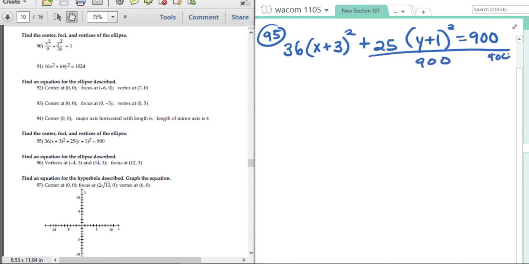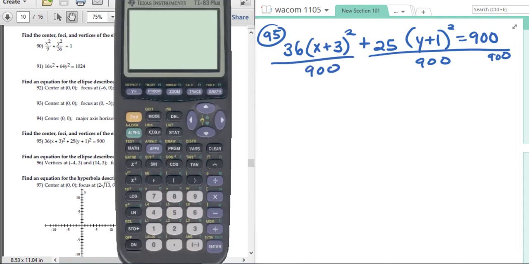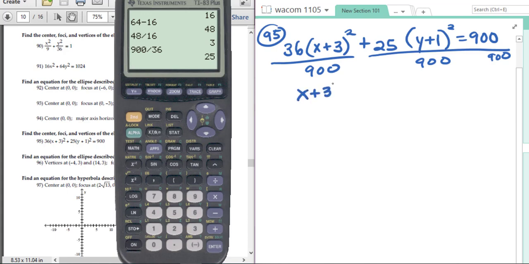Let's pull up our calculator. 900 divided by 36 equals 25. So (x plus 3) squared over 25. And 900 divided by 25 is going to be 36.